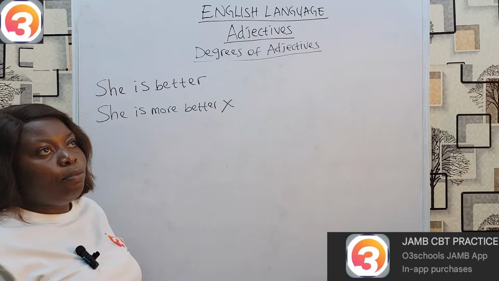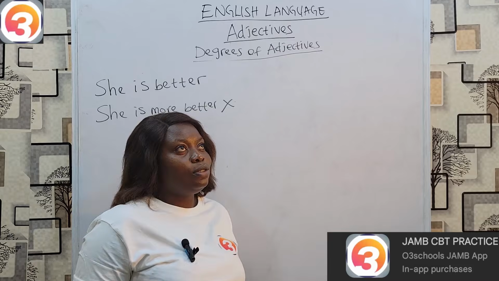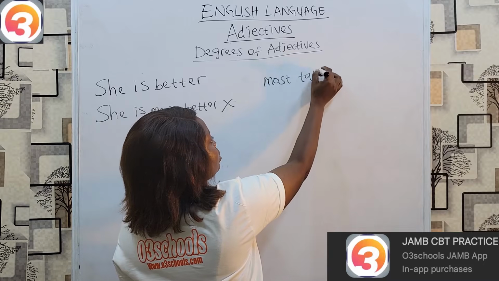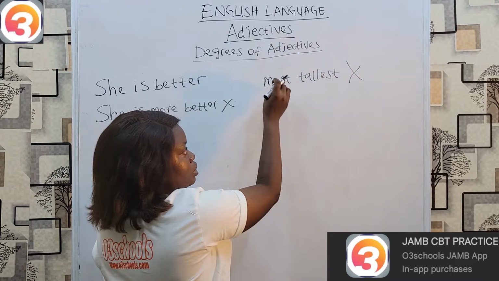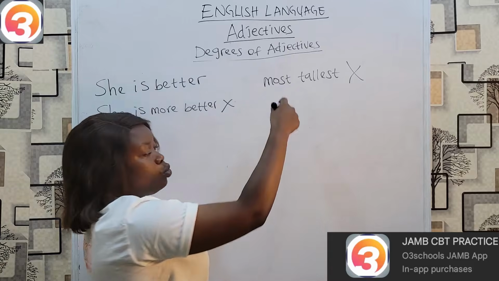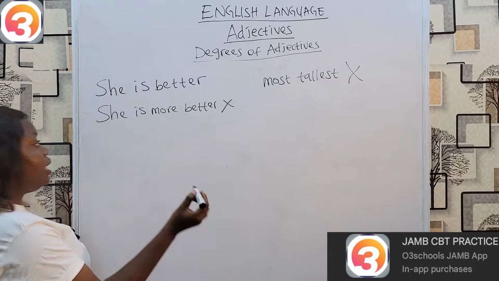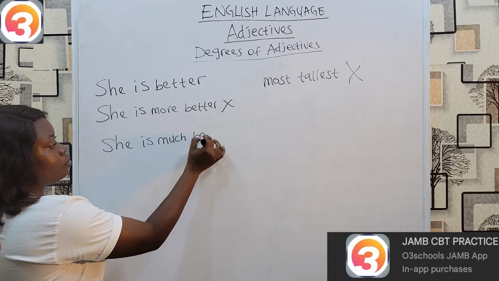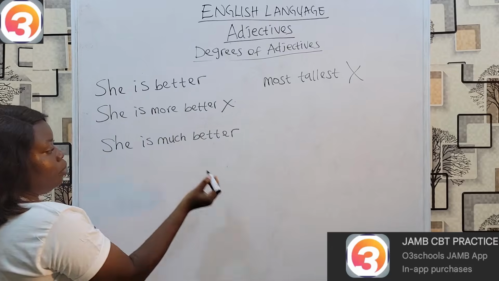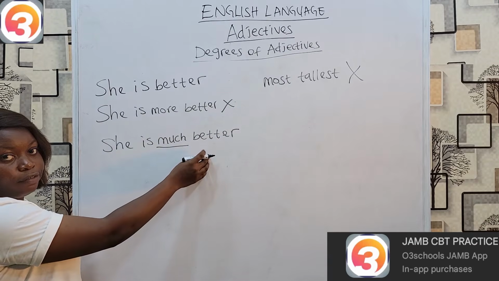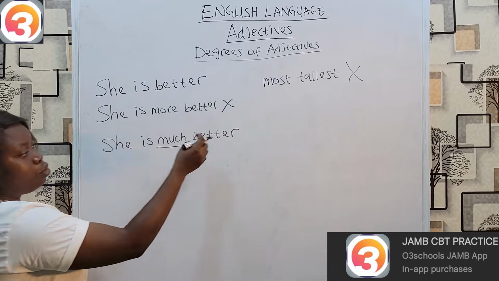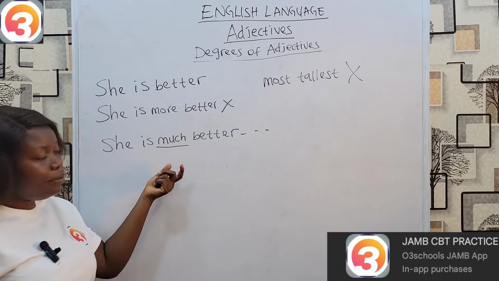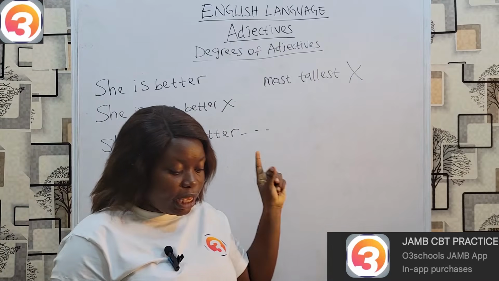Or she's the most tallest, something like that. You cannot have most tallest in a sentence. This is superlative, this is superlative, so we can't have them in a sentence. What you can have is she is much better. Much is not comparative. So you can have she is much better than I am, as the case may be. So we do not use two comparative adjectives or two superlative adjectives in a sentence.